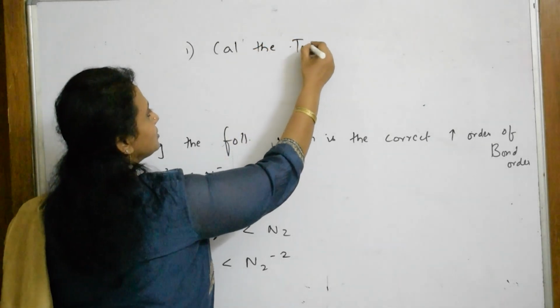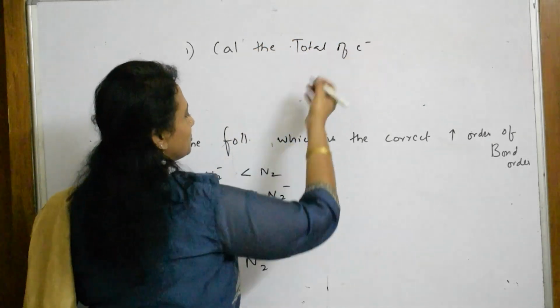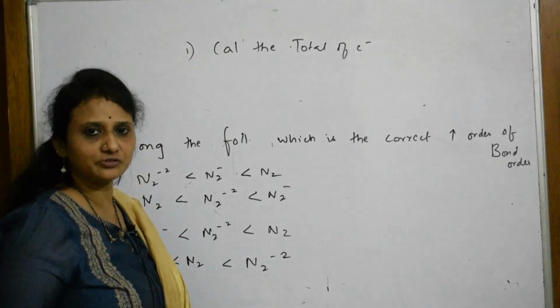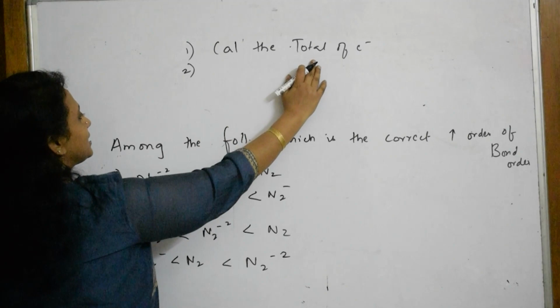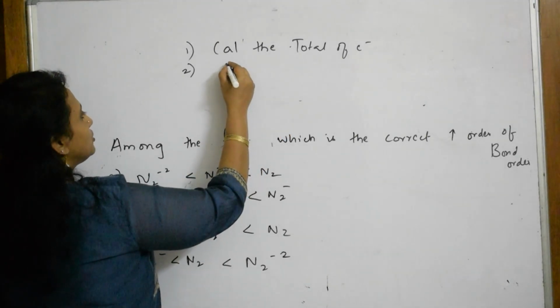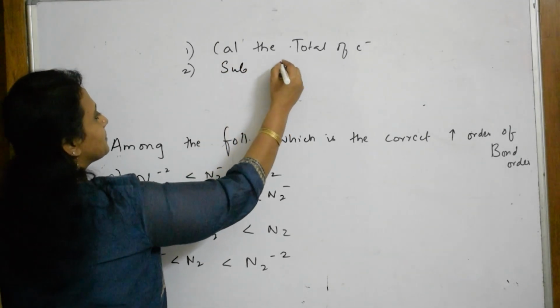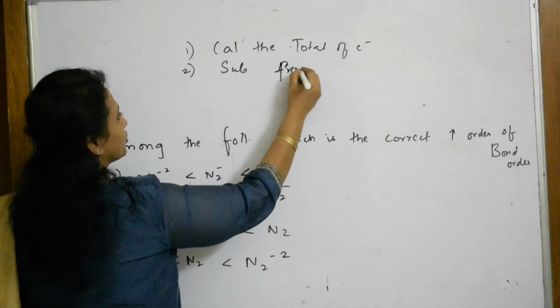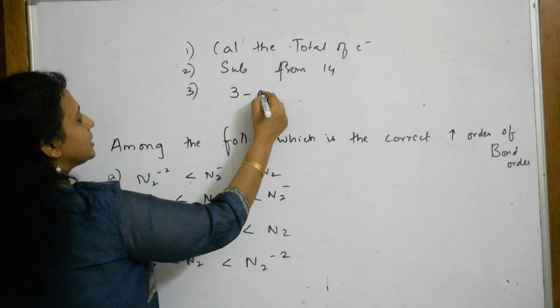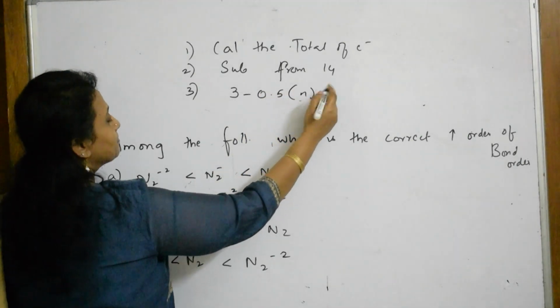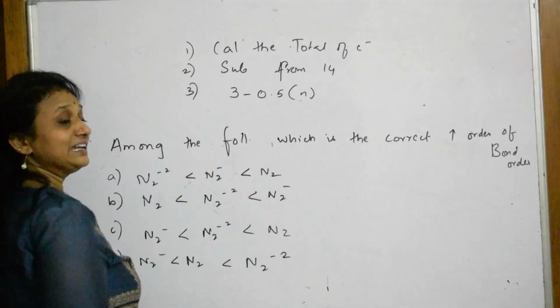So to calculate the total number of electrons quickly, you can know atomic number. If you know number of electrons, you can easily predict. After that, quickly what you can do, after getting the total number of electrons, you're going to subtract that from 14. Subtract it from 14. Done. So once you get that answer, you're going to use this formula 3 minus 0.5 into n. So the subtracted number you will be writing in this n.